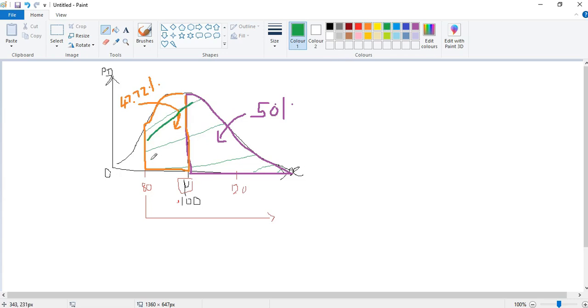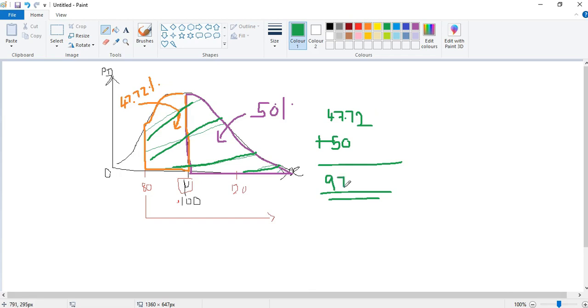Totally it should be the addition of the orange area and the purple area, which is 47.72 plus 50%. Okay, what will be the answer? 97.72%.